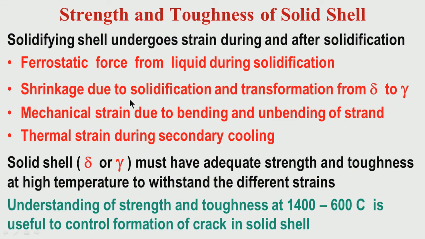So this is important. Then I have mentioned there is a mechanical strain due to bending and unbending of the strand. In the last session I discussed in detail that from a vertical mold caster, which had only a straight vertical mold, the strand coming out is also vertical and straight. So it has to be bent first, otherwise it will continue to move only in the vertical direction, which is not of much use.